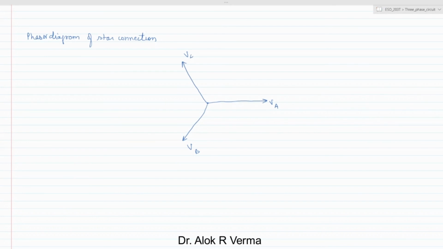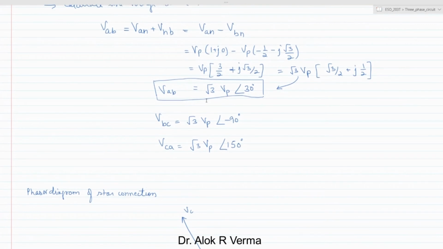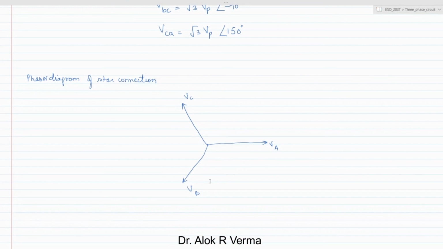These are the phase voltages. The line voltage VAB you can write as root 3 times the magnitude at an angle of 30 degrees. So suppose this is the angle of 30 degrees and the magnitude is root 3 times this VP, the phase voltage. So this is root 3 of phase voltage and the angle is plus 30. We are moving in this direction. So this is nothing but VAB.